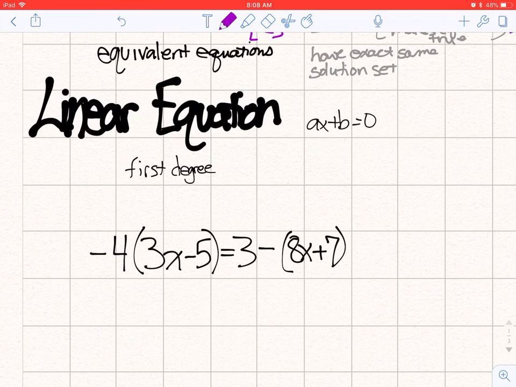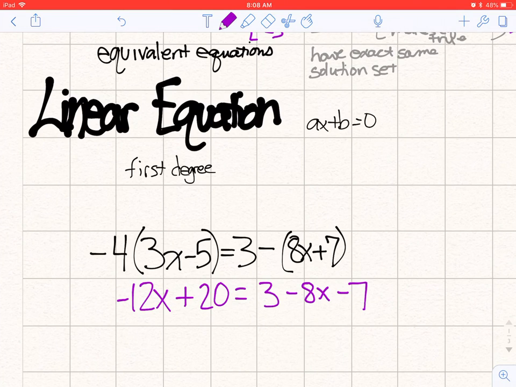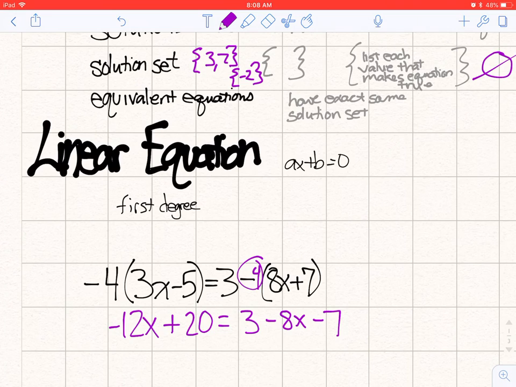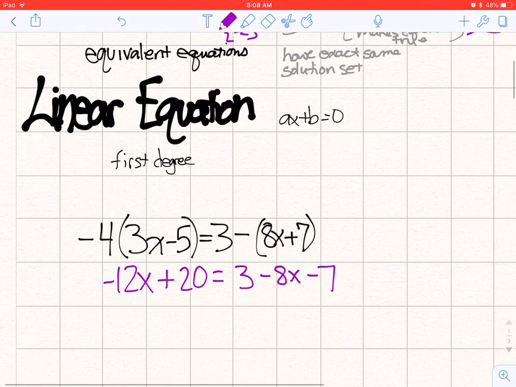So I'm going to distribute the -4 to get -12x and +20. Over here, I'm actually going to distribute like a -1. So this becomes a -8x and a -7. Sometimes when there's numbers here, people will forget that the negative goes with that. Okay, but keep that straight. There's multiple ways to do this.